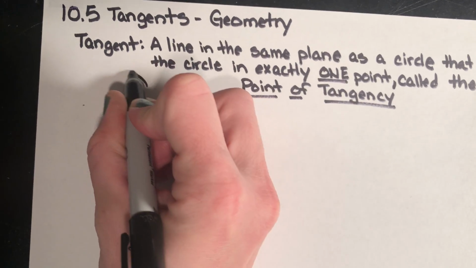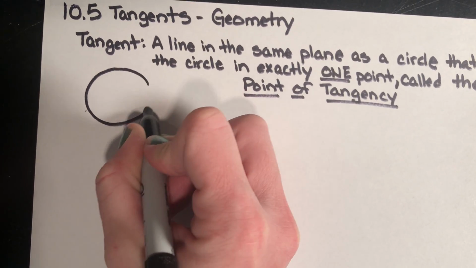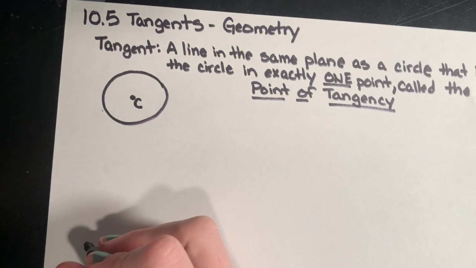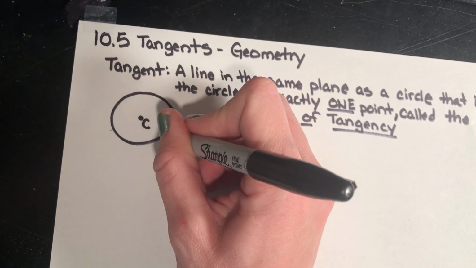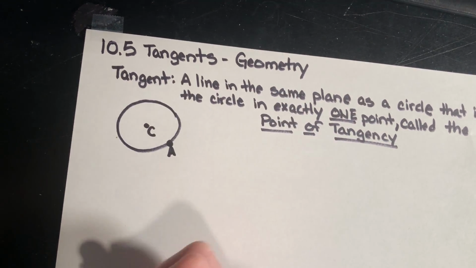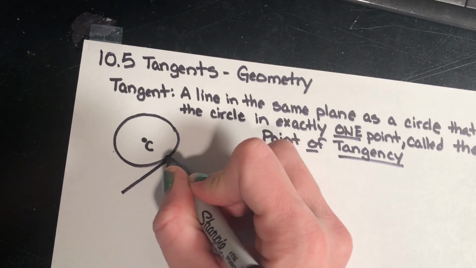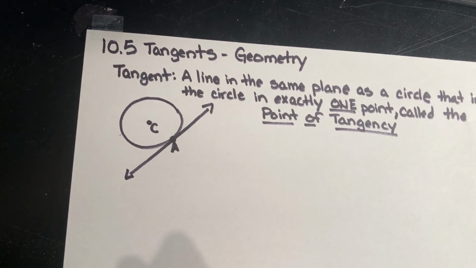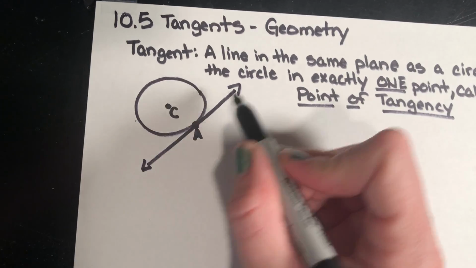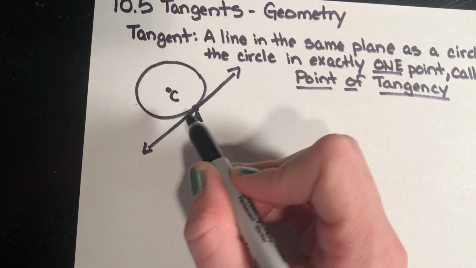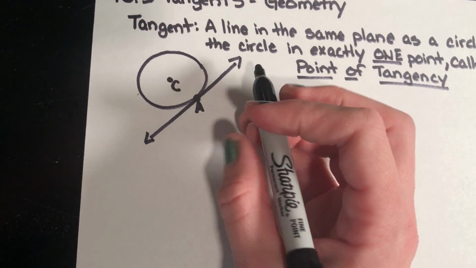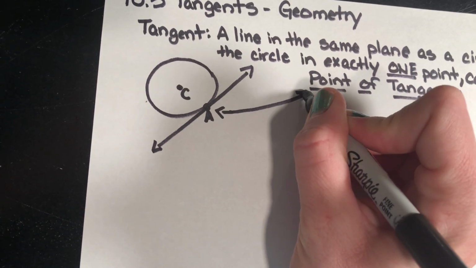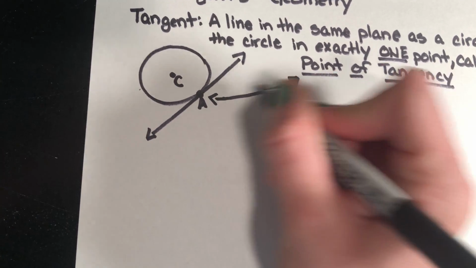So if we want to draw what this is, say we have circle C here, and we're going to have point A and a line that goes through point A. That line intercepts the circle at exactly one point, and this point A right here would be the point of tangency.